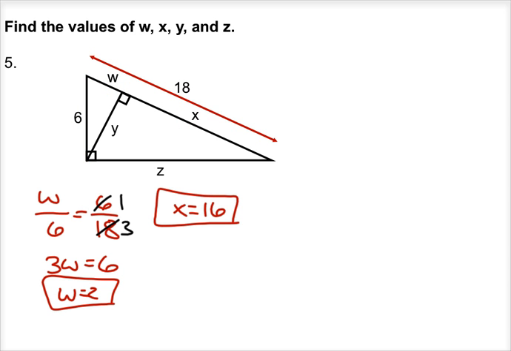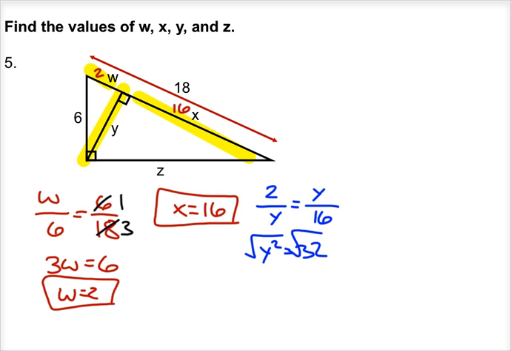So I'm going to fill in that I know that w is 2 and x was 16. And now y is the geometric mean between 2 and 16. Let's cross multiply. y squared equals 32.